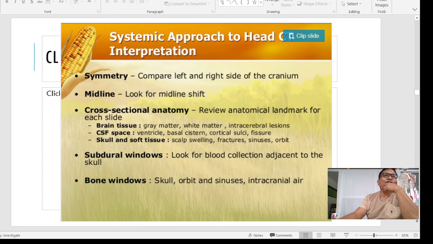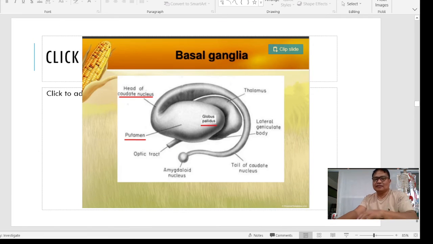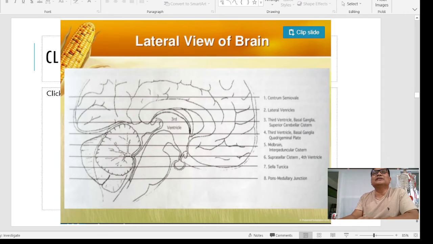And then the color in the reading, the color of the tissues in the brain. Okay?